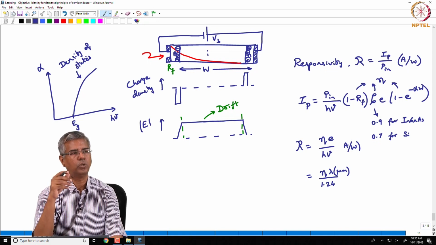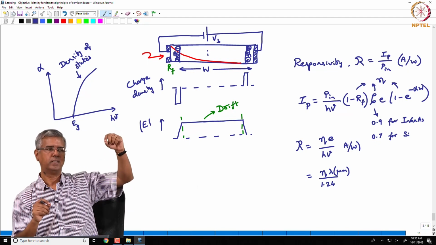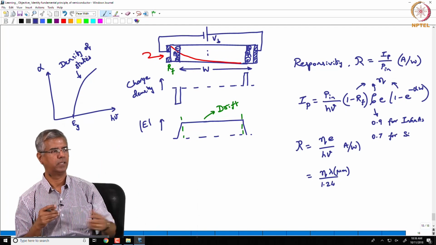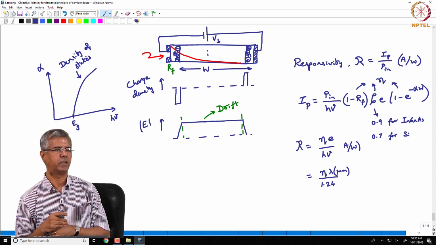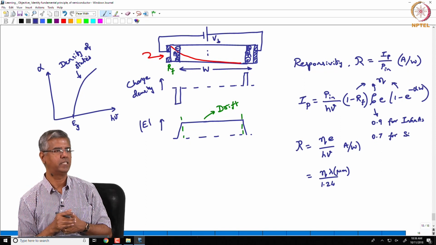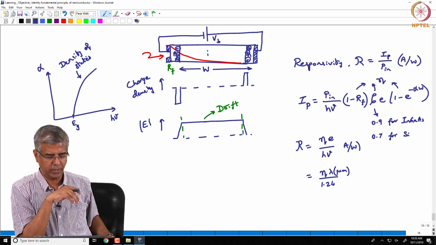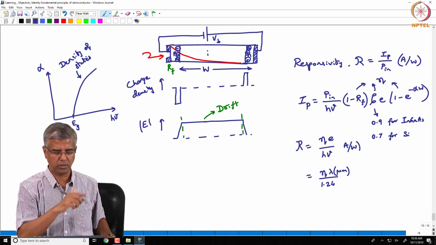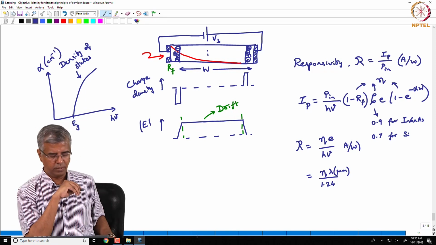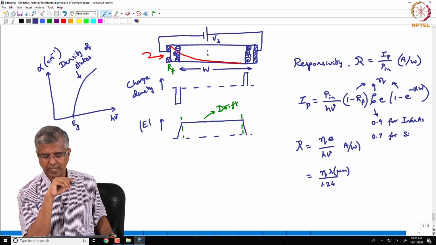As you go to higher values of h nu, you are accessing deeper regions of your valence band and your conduction band, and in those deeper regions you have higher density of states, right. So, that will pretty much determine what your alpha is. So, alpha, which is typically expressed in terms of inverse centimeter.